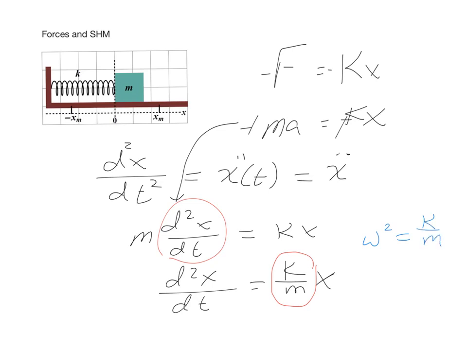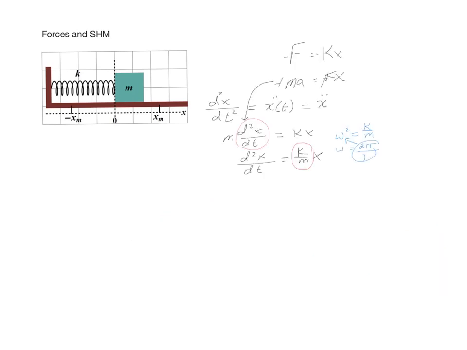Then we square rooted each side and used the fact that omega is equal to 2 pi over the period. Substitute this in here and solve for the period, and we got that the period is equal to 2 pi times the square root of m over k.